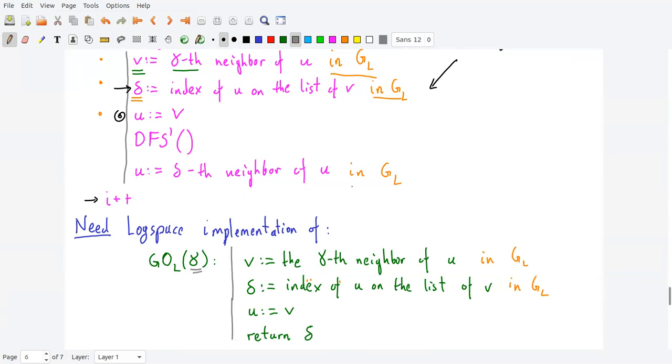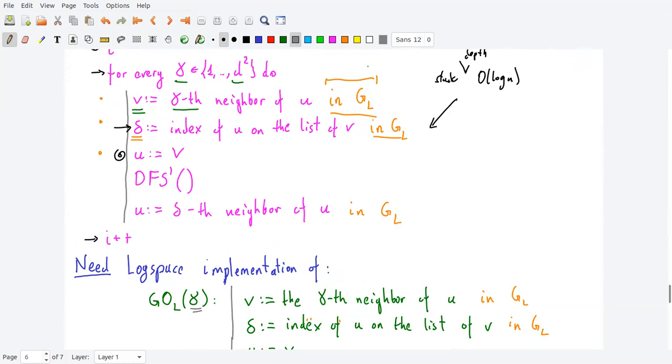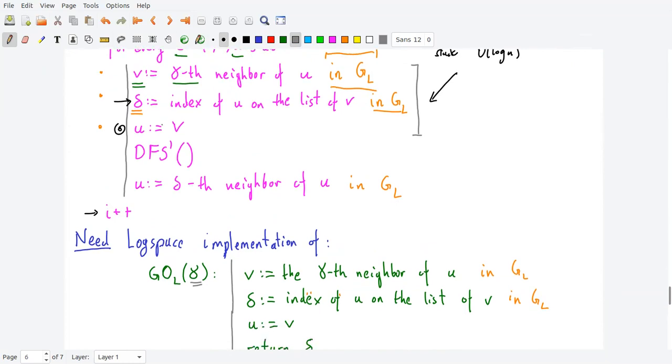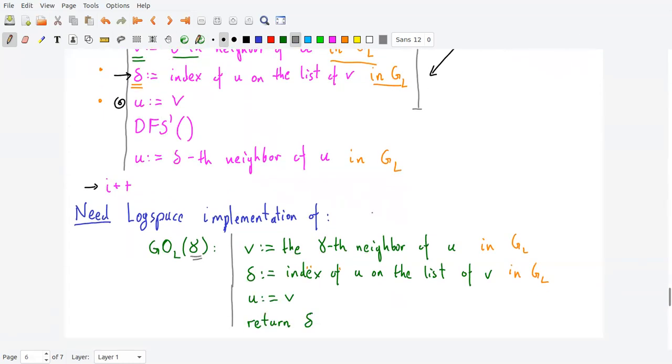This procedure corresponds to those 3 lines of code: finding the gamma neighbor, finding the return index, and actually moving to this neighbor. To make it more precise, I have this global variable U, which is the vertex I'm currently in, and go L of gamma should go from U to the gamma neighbor of U, which is V.